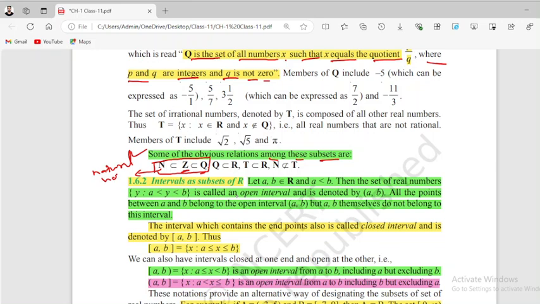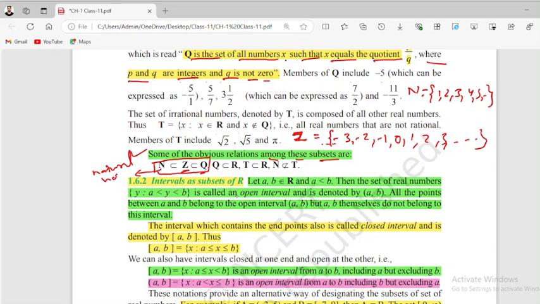The set of natural numbers is 1, 2, 3, 4, 5, and so on, and the set of integers Z is minus 3, minus 2, minus 1, 0, 1, 2, 3, and so on, on this side also.